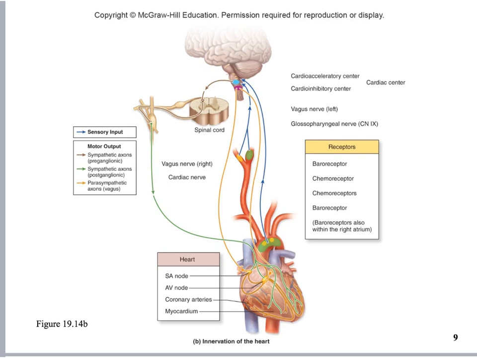So you have receptors in the aorta that determine blood pressure. Those are baroreceptors. Chemoreceptors for oxygen. Chemoreceptors for carbon dioxide. You have more pressure receptors within the right atrium. Okay? And they will help control how fast the heart beats and how strong the heart beats.